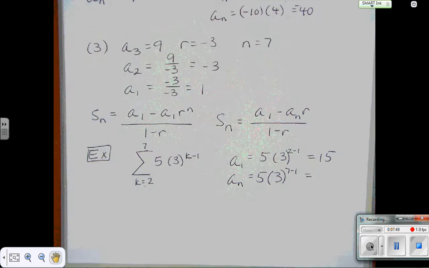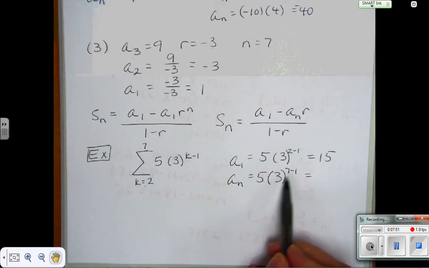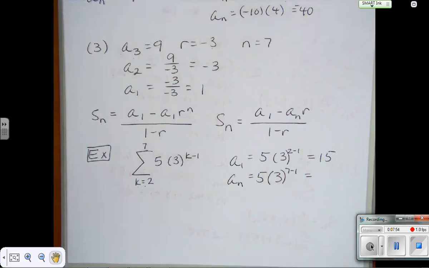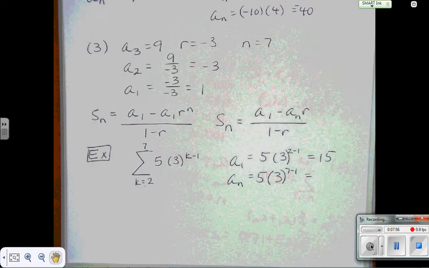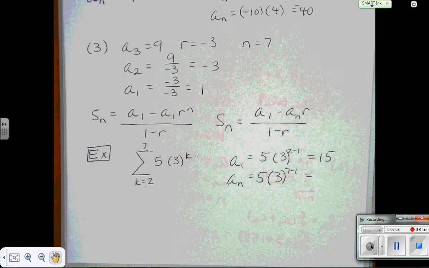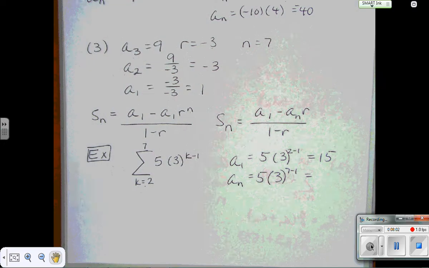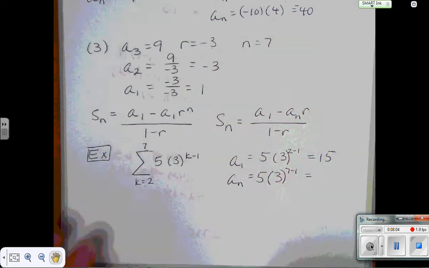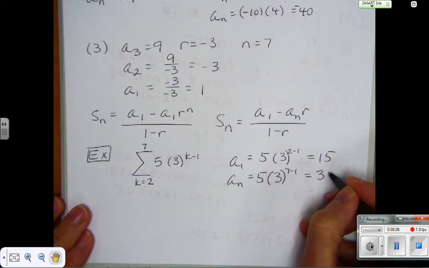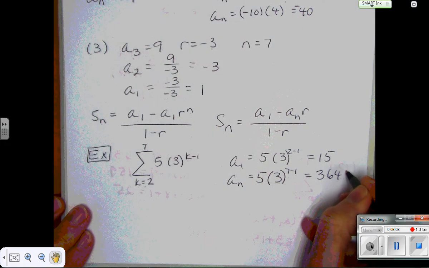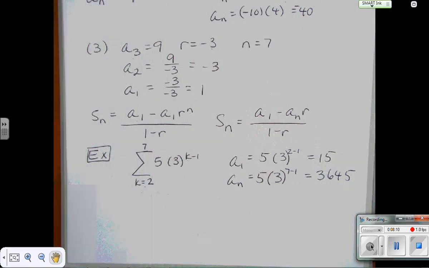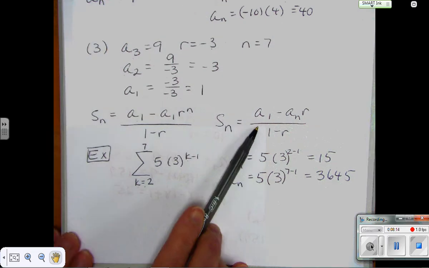So I need to find the base to the power first. 3 to the 6th power. I'm getting 729, and then times 5, 3,645. So I'm going to use this second equation.